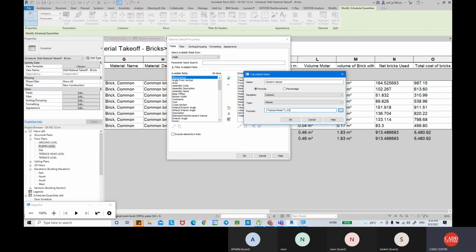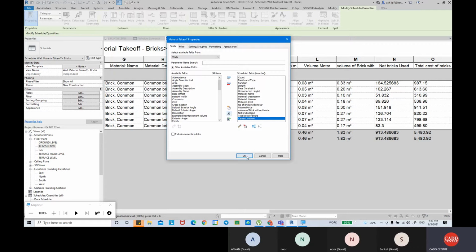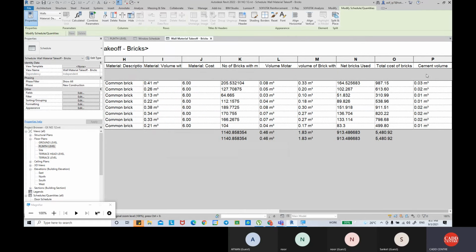So the sum ratio is 4 because I'm using the 1:3 ratio here. If I used 1:4, the ratio would be 5. Sum ratio would be 5. And we'll click on OK, and OK, we'll get the cement volume.